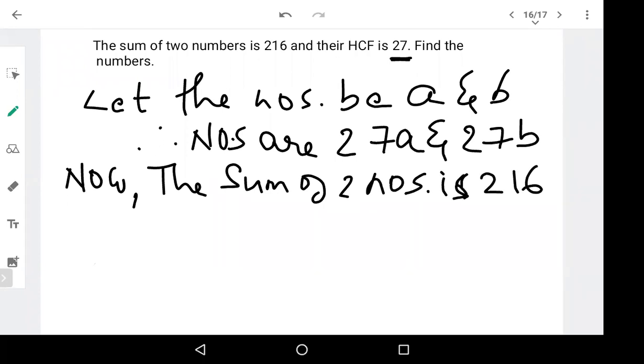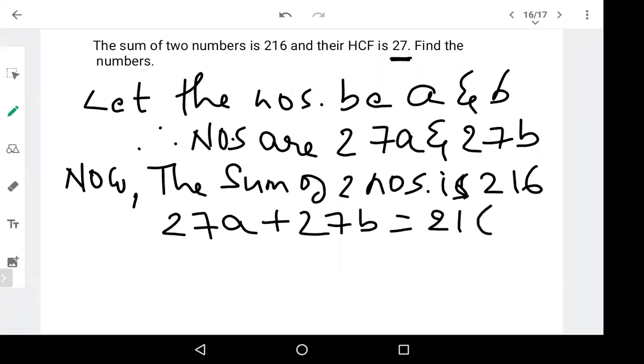Sorry for the bad handwriting. So I can write it like this: 27A plus 27B is equal to 216. I can write it like this, right? So 27A plus 27B is 216.